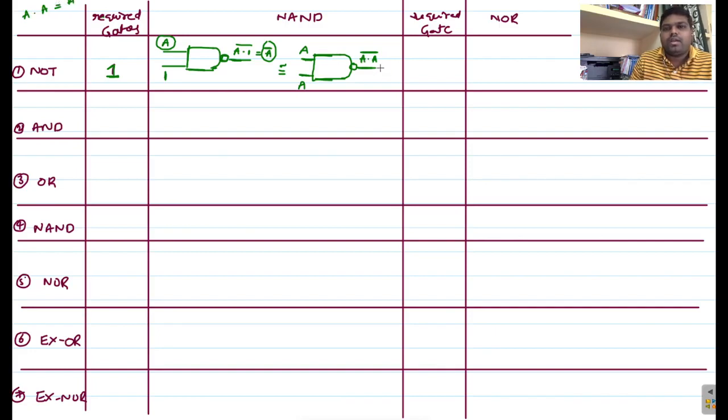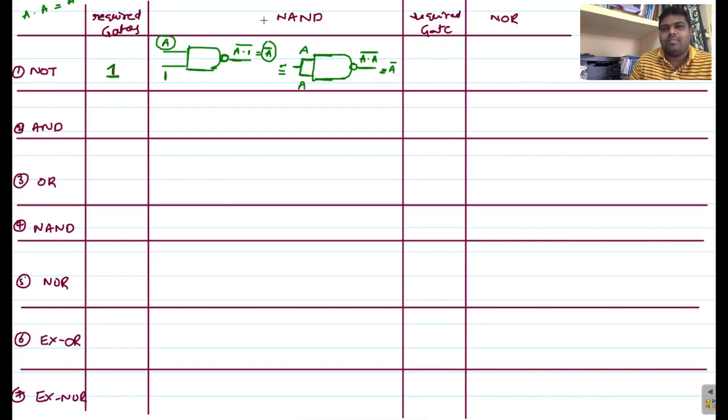So here you will get A bar. That means if you take two same inputs to this NAND gate, you will get the inverted variable. So I tie up these two inputs and provide A here. What you will get? A bar, right? This is the way you implement NOT operation.